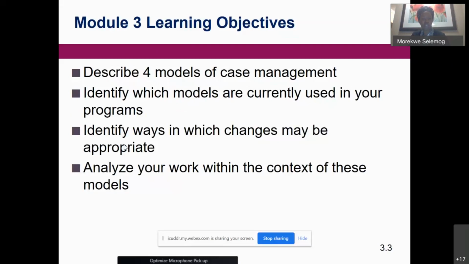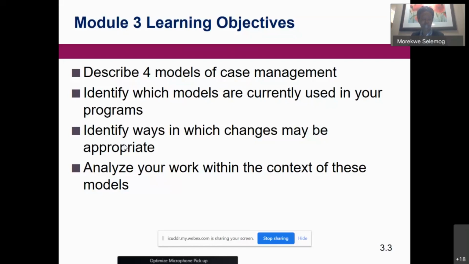Of course, there are many models, but the 4 that we are going to discuss are the ones commonly used in treatment of SUD. We are going to identify which models are currently used in your programs. As we discuss the models, we are hoping that you will be able to relate and see what components of the models you are actually utilizing in your treatment facilities or programs, and hopefully also identify ways in which changes may be appropriate.